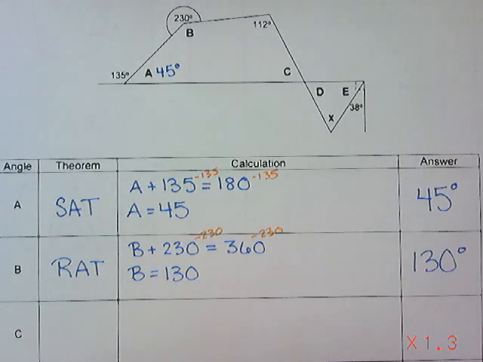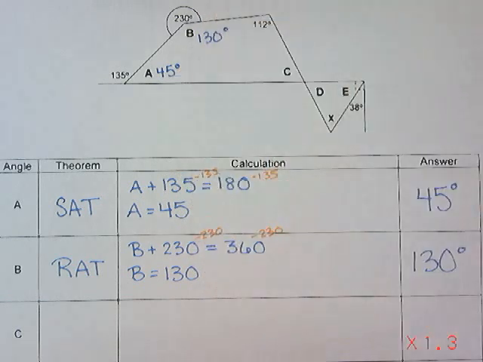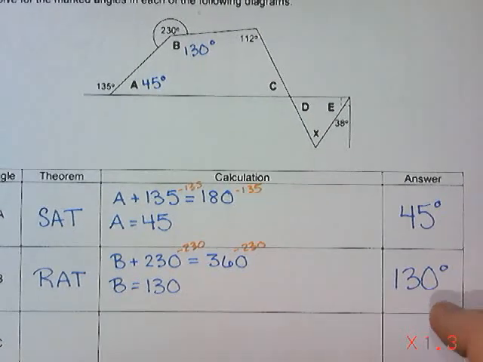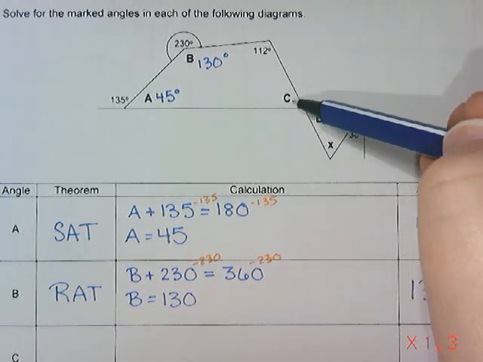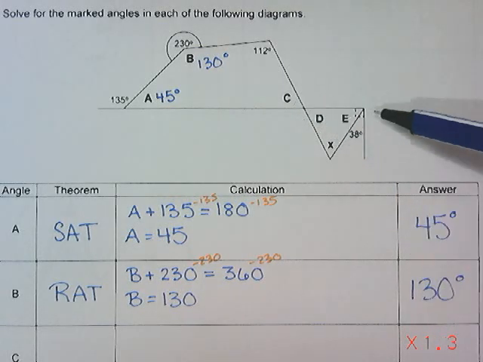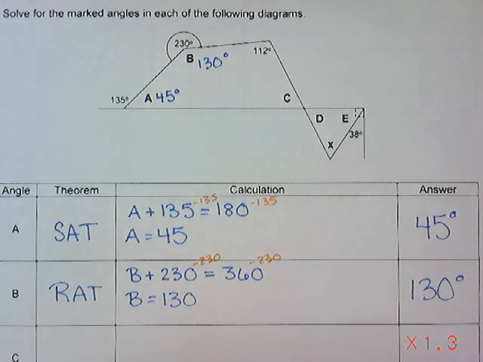I'm also going to label it on my diagram, because I might need it to calculate another angle. I could continue trying to go in alphabetical order. I also think I might be able to calculate angle E, but I think we're going to try going in alphabetical order if we can.